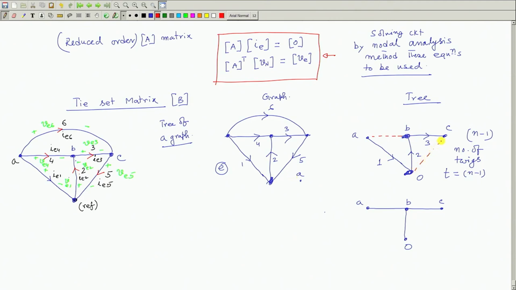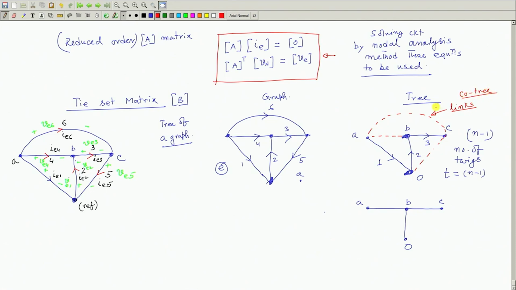So, the total number of branches was 6. These 3 red lines I have shown with dotted lines are called links. So, this is the tree and this red one is called the co-tree.